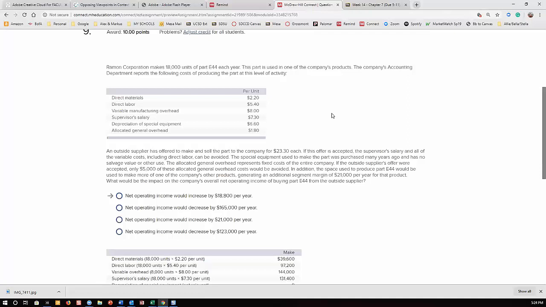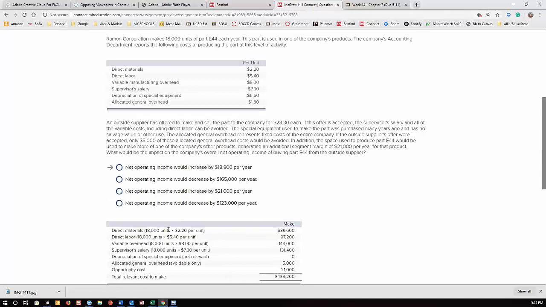So I've got my direct material, my direct labor, my variable manufacturing overhead, my supervisor. Do you see depreciation? The thing that's a little tricky when you enter it is it wants you to do the drop down for depreciation, but put nothing there.